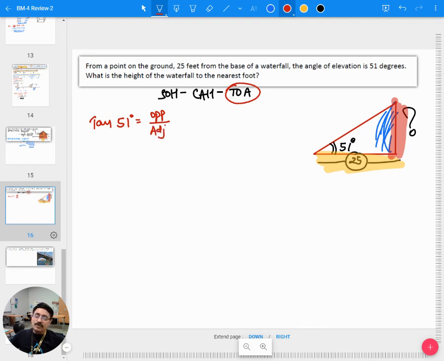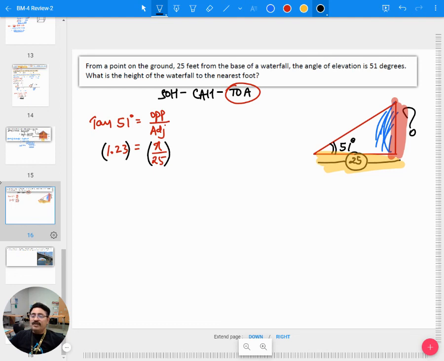Let me make use of the values. Opposite side, I don't know, so let it be x. Adjacent is 25 units. And tan 51 degrees, let me make use of the calculator, is 1.23. And from here onwards, it's very easy. You know how to isolate x.